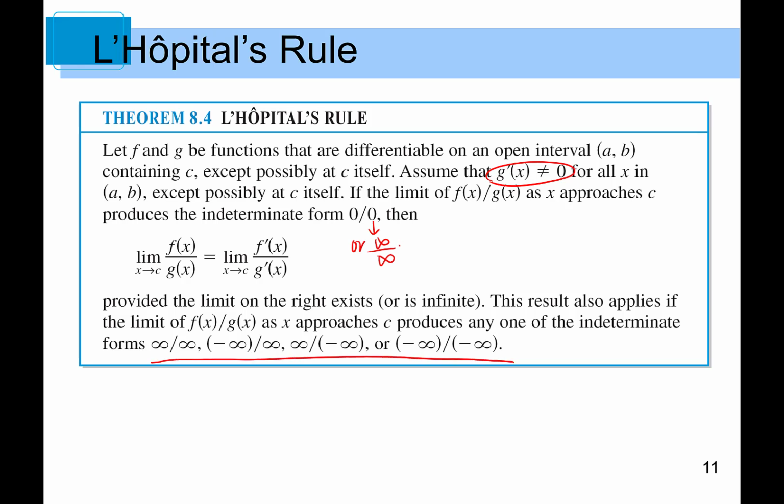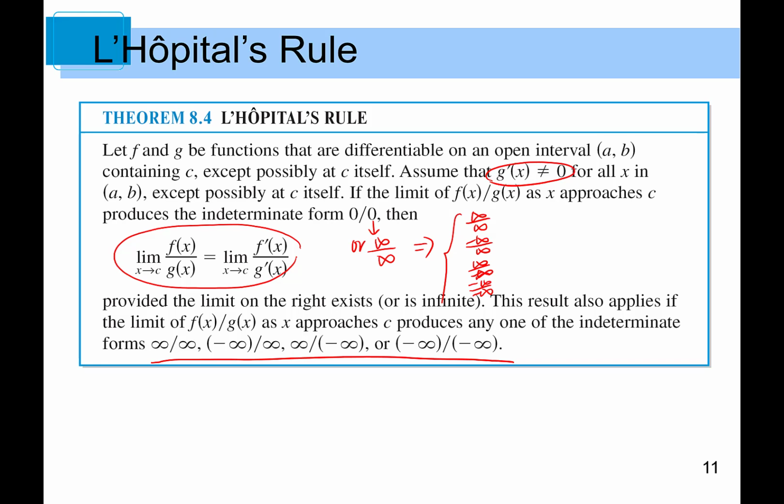So infinity over infinity has 4 different forms: both positive, numerator negative, denominator negative, and both negative. So this is basically L'Hopital's rule.